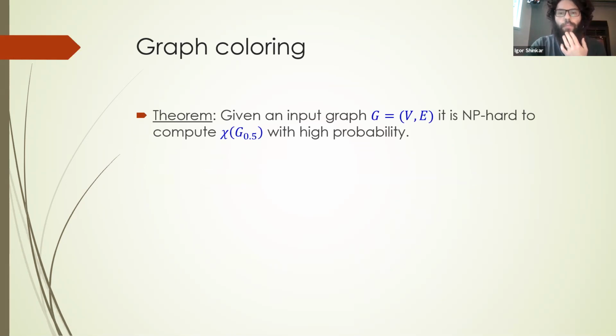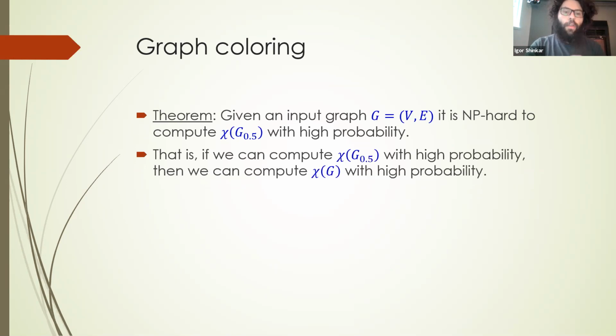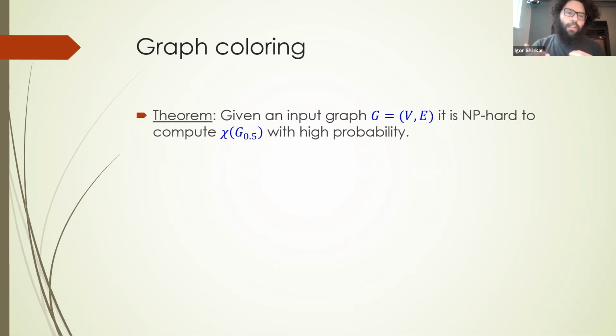And here is a theorem: even if we remove half of the edges at random, the problem stays NP-hard. It's not clear what I mean by NP-hardness, because we need to define decision problems and it's with high probability.